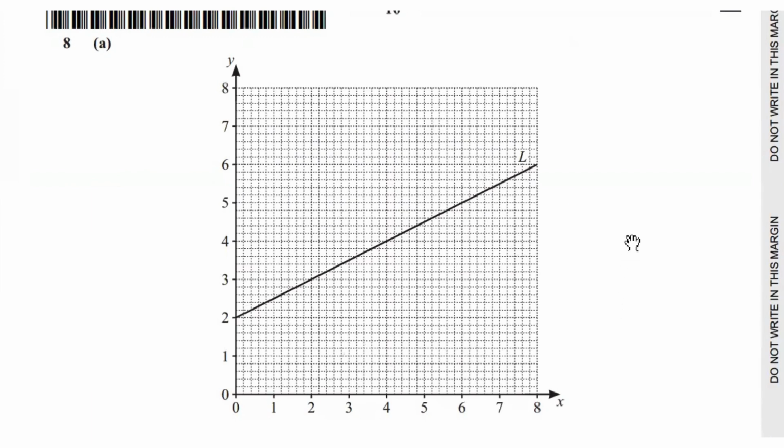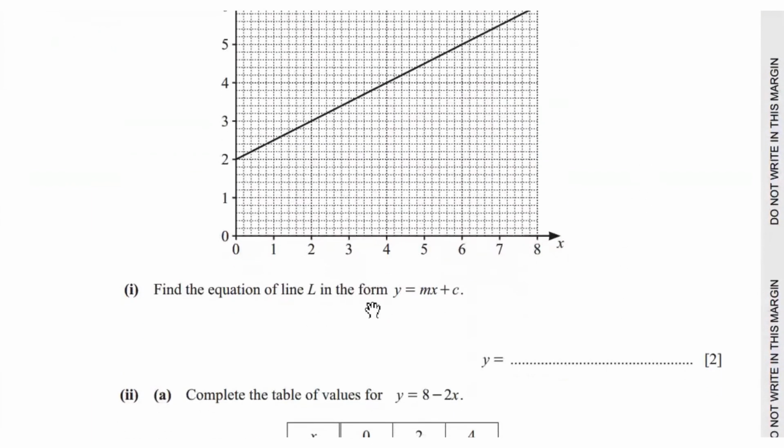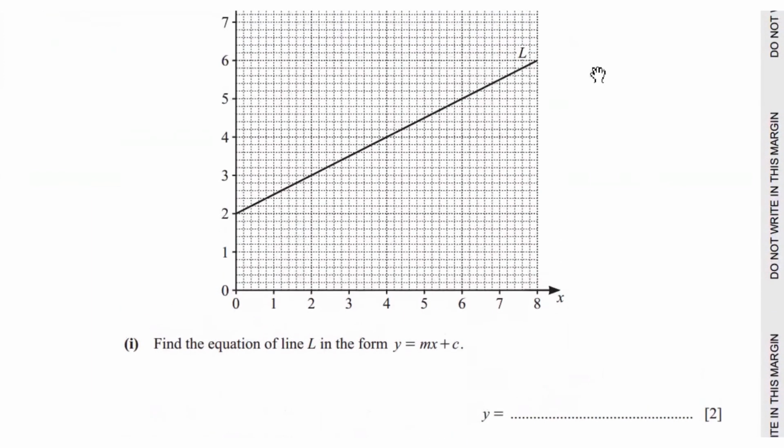Then in question number 8, it says find the equation of the line L in the form y equals mx plus c. For that, we need to find the slope and the y-intercept. The y-intercept is 2, so this is your c value. For the slope, we can just find the rise over run for these two coordinates.